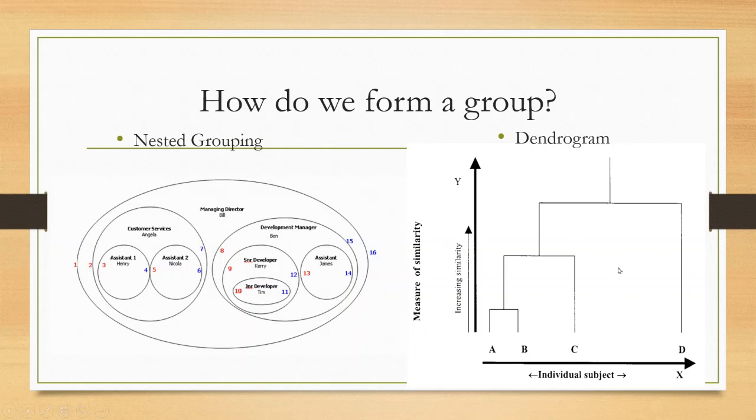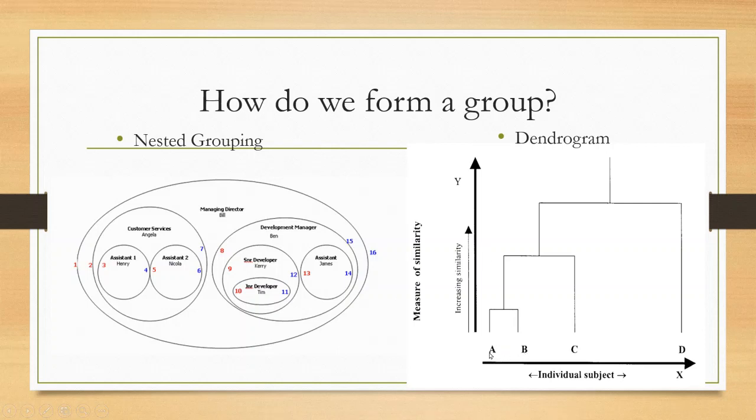Then this is just an example of a dendrogram, which is a measure of similarity. So if we start at the base, as you can see on the individual subjects on the x-axis here, we have, for example, A, B, C, D, with the y-axis indicating the increasing similarity.